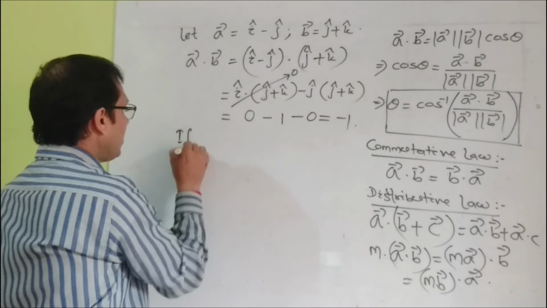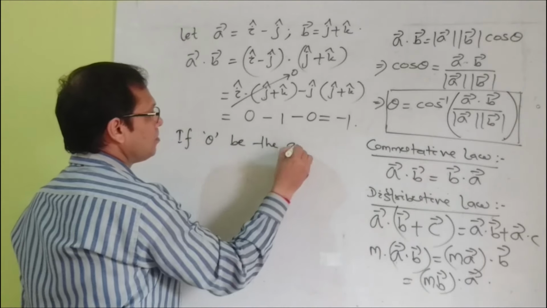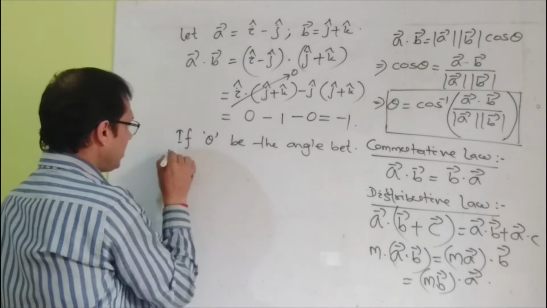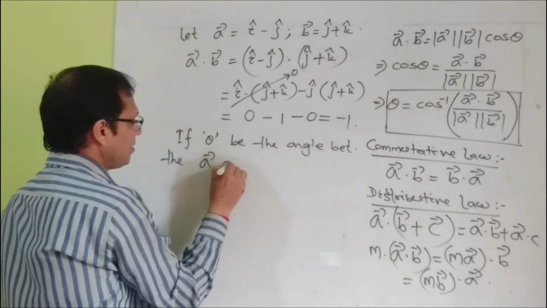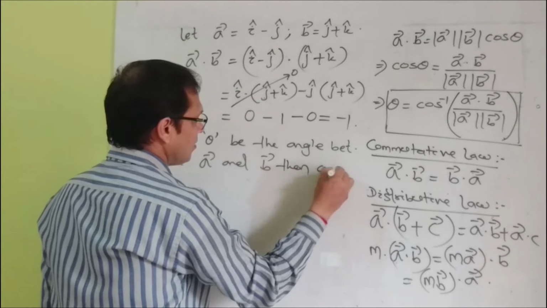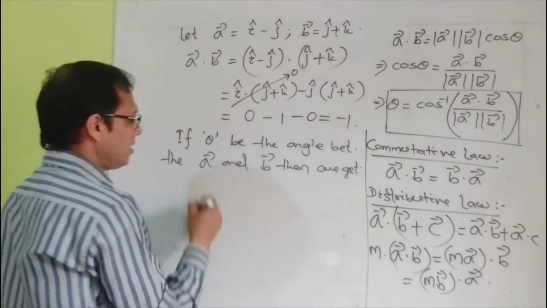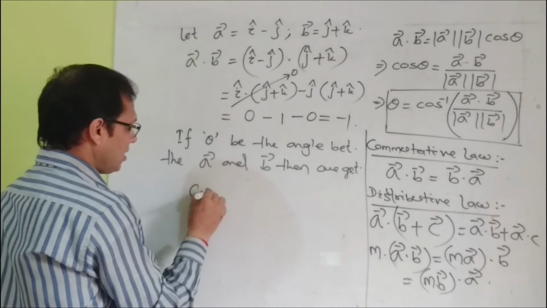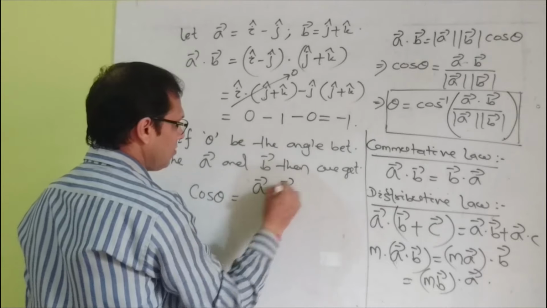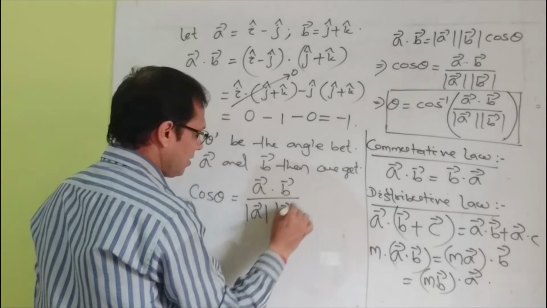If theta be the angle between the two vectors A vector and B vector, then we get cos theta is equal to A vector dot B vector divided by A vector magnitude times B vector magnitude.